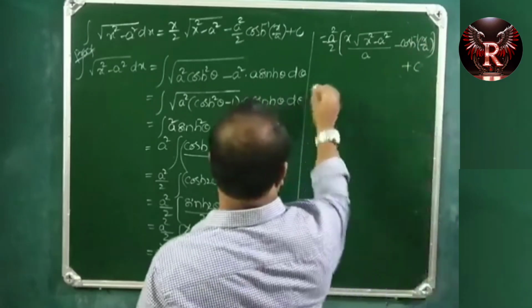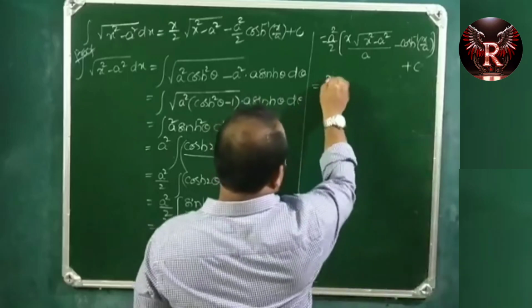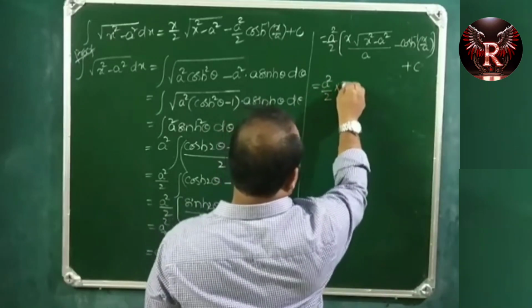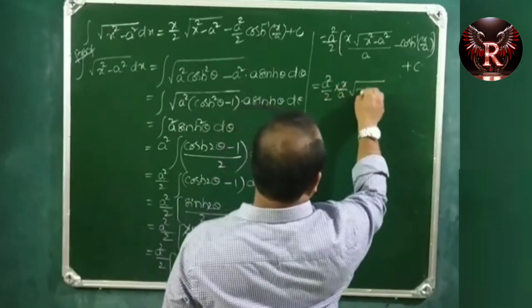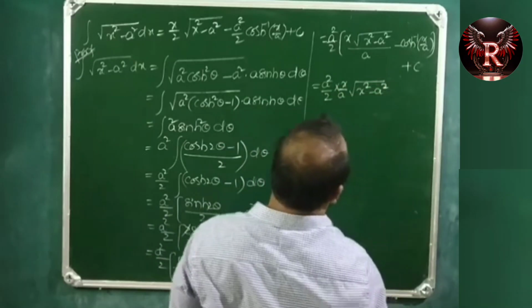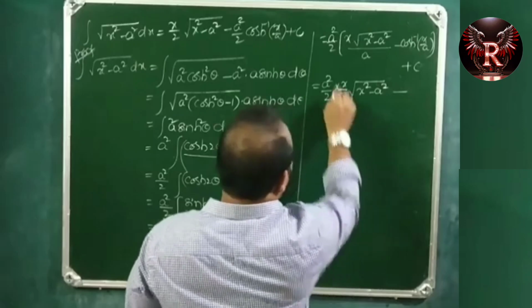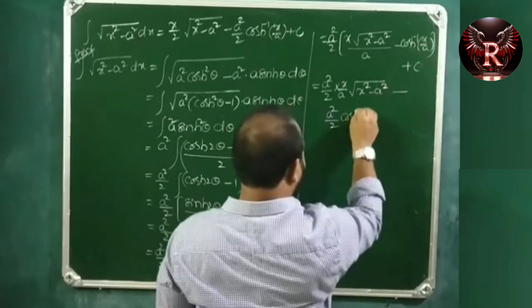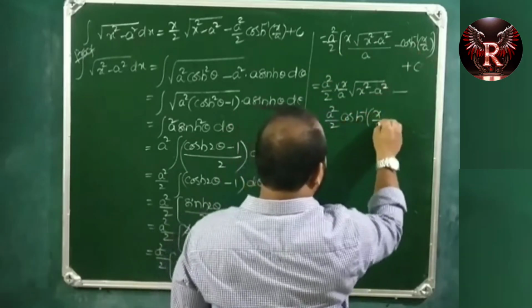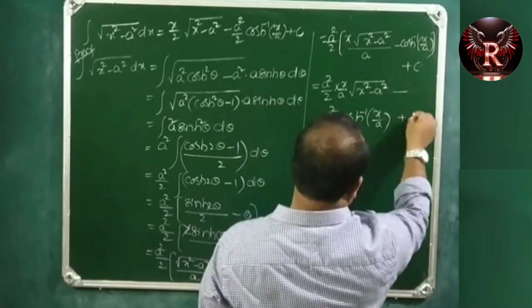So this is equals to a square by 2 into x by a into square root of x square minus a square, minus a square by 2 into cos h inverse x by a plus constant of integration c.